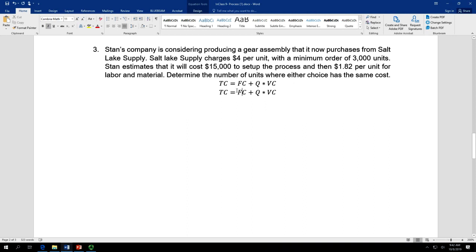So it is 15,000 plus variable cost $1.82 times Q. This is the first option: produce in-house.